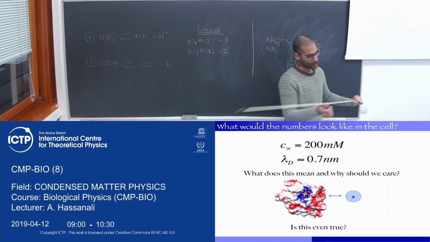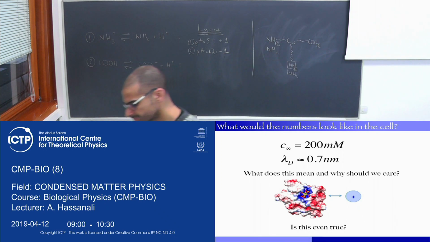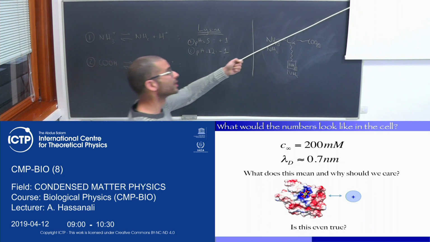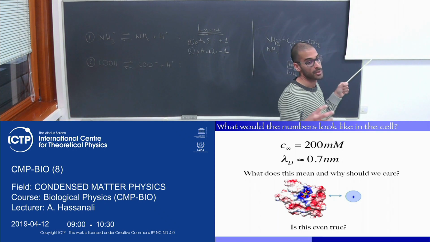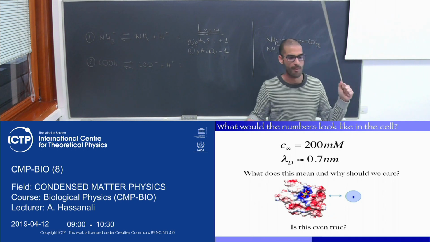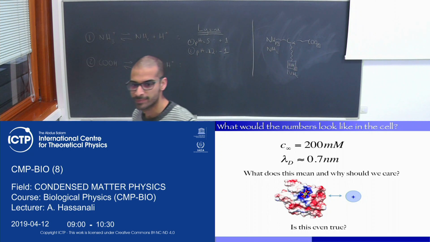Okay, are there questions on this before I move on? So this is telling you that, if I consider a charged protein, which was produced by these types of charges, then I only really need to worry about correlations between them below 1 nanometer.